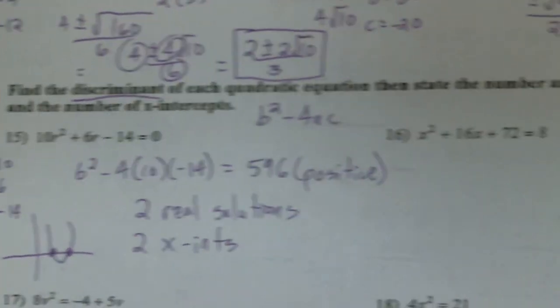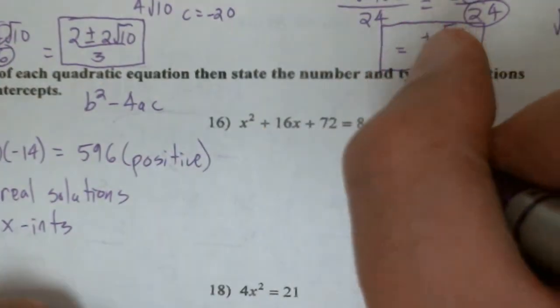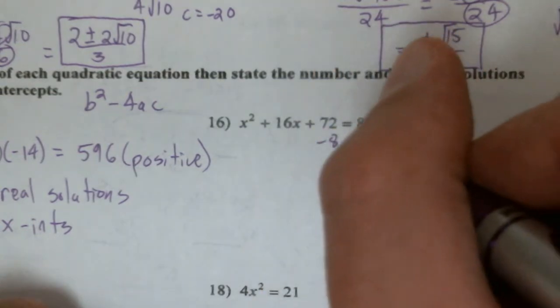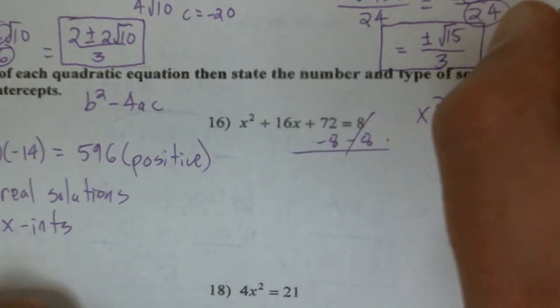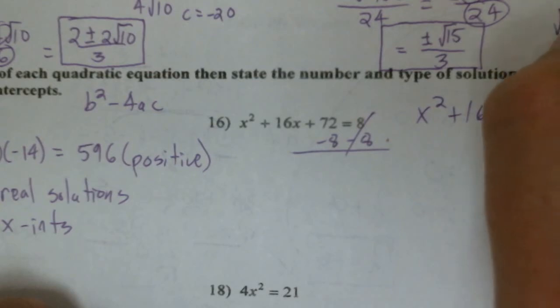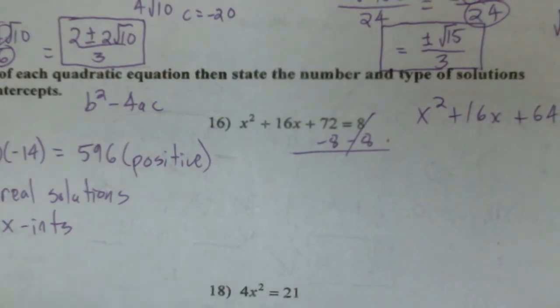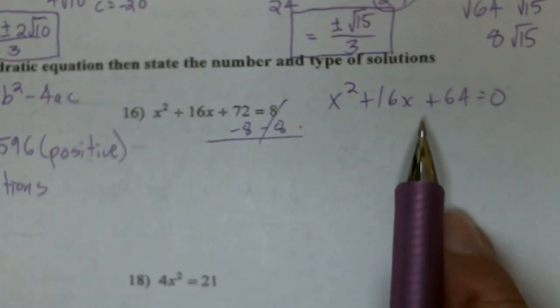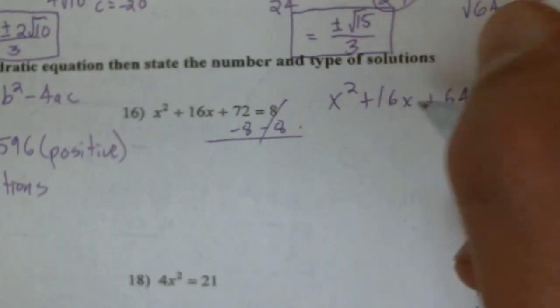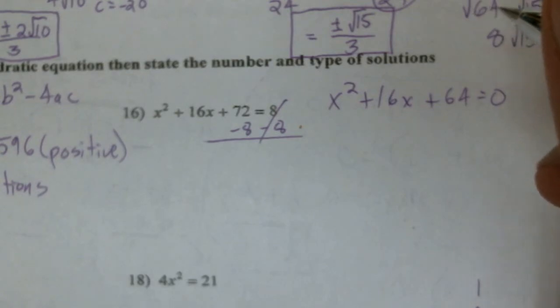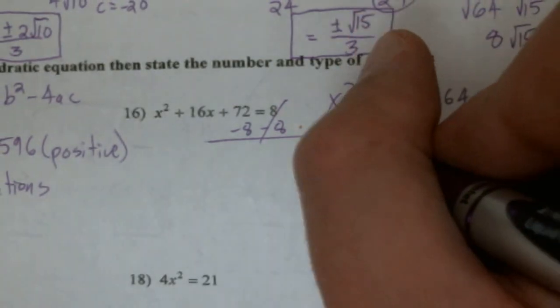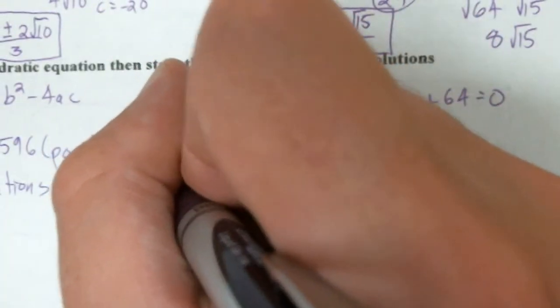Okay. All right, number 16. I got to move this 8 to the other side. So x squared plus 16x plus 64 equals 0. By the way, this is a perfect square trinomial. But if I just do the discriminant, let's go ahead and list these out.